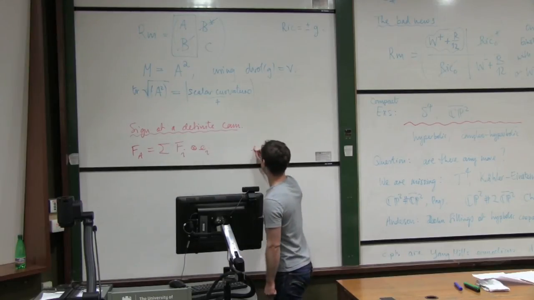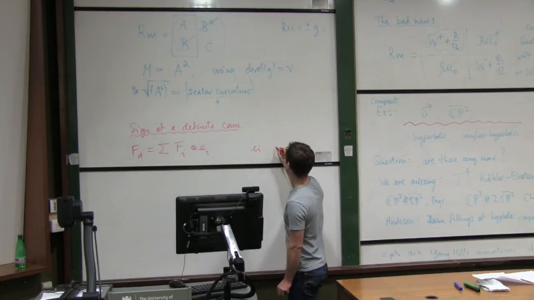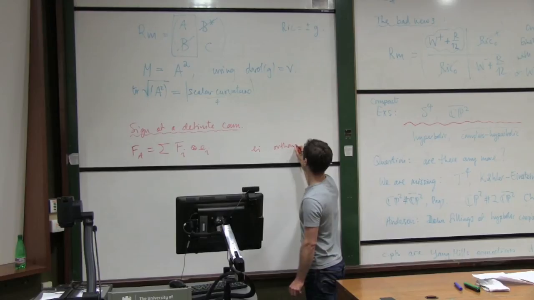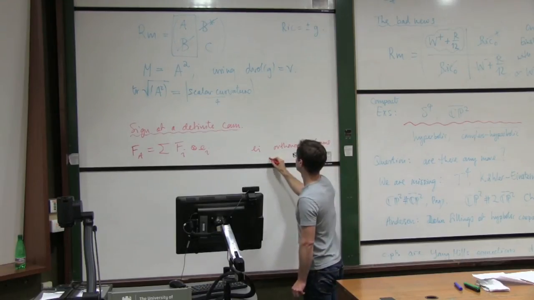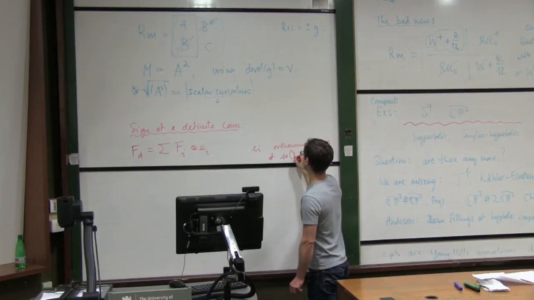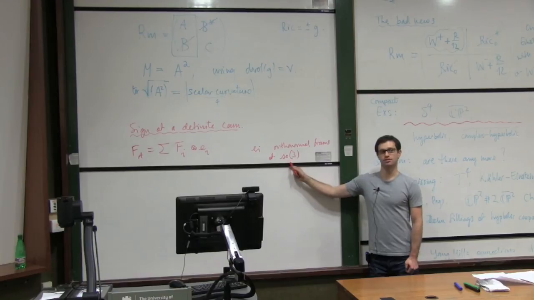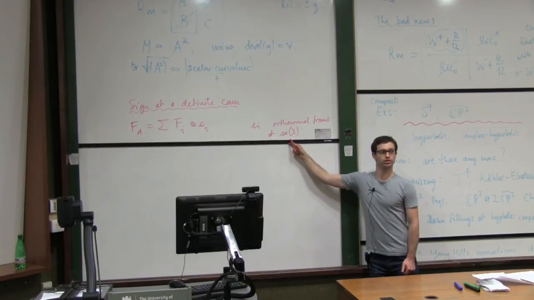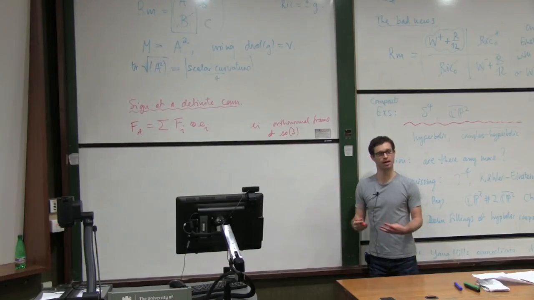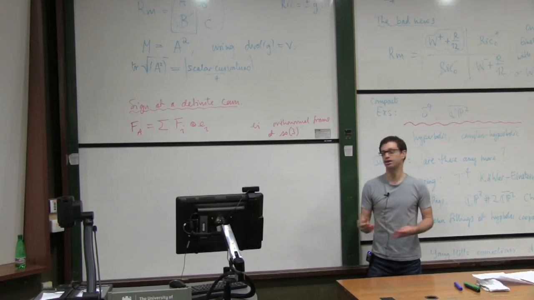What were the E_i? They were an orthonormal frame of little so(3). It turns out that little so(3) is a rank 3 vector space, but it has a natural orientation, in the same way as a complex vector space has a natural orientation.